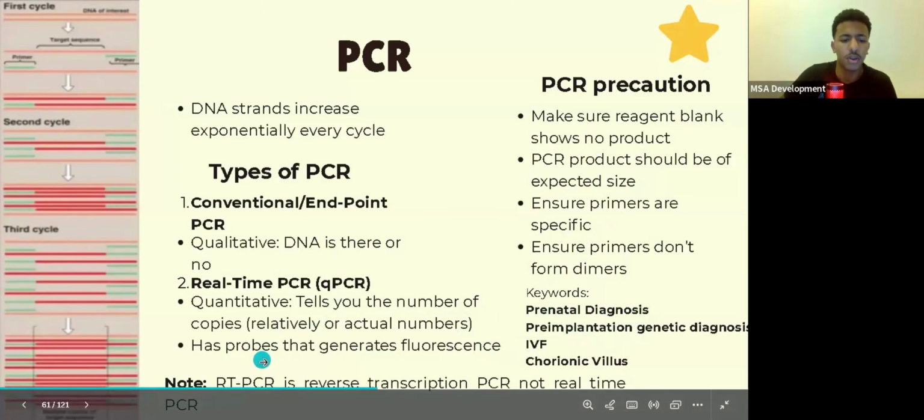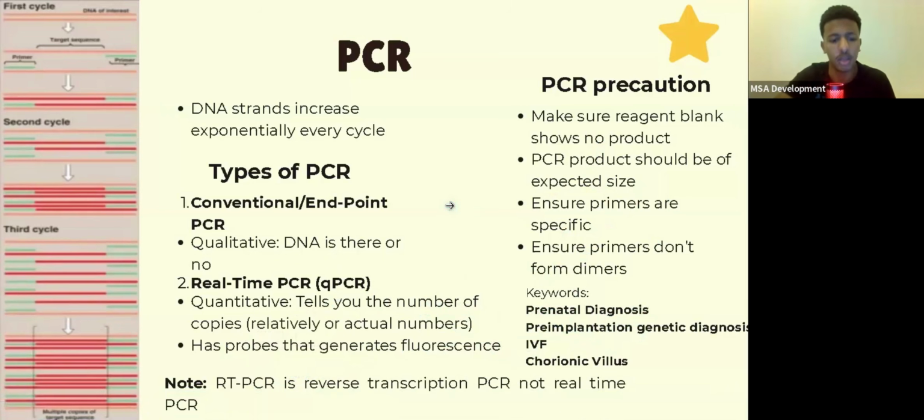And a note, RT-PCR stands for reverse transcription PCR, and does not stand for real-time PCR. With RT-PCR, you use RNA and you convert it back to DNA.